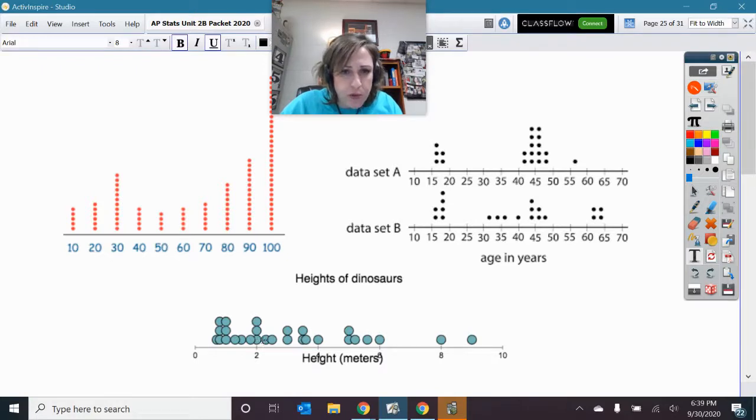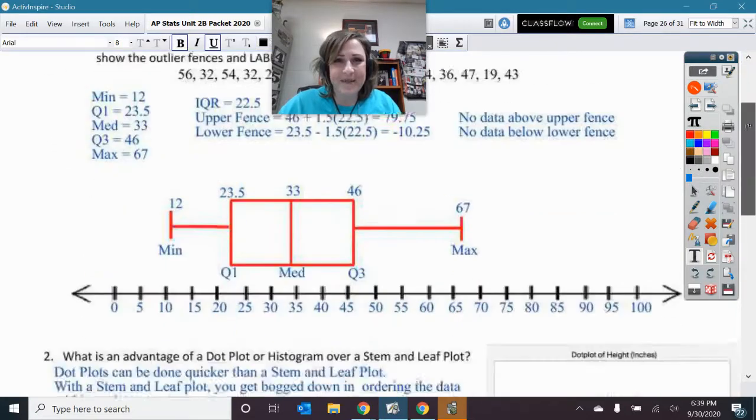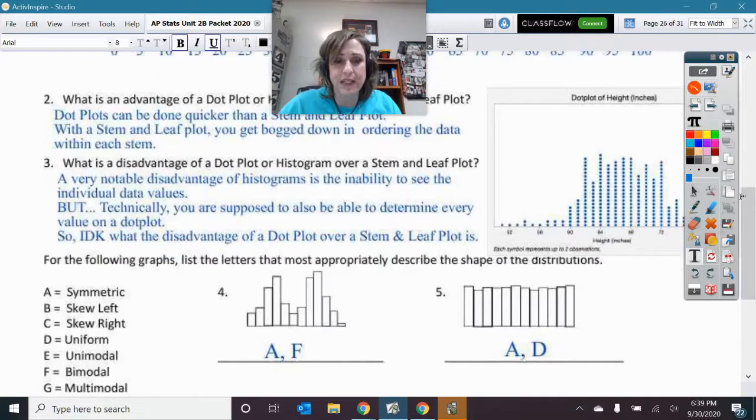Is this 2.2, 2.4, and then here are 2.5, what? And then 3. But each piece of data, this is representing each piece of data and they're relative to their location in the chart. All right, so dot plots, you are supposed to see individual data pieces, so we're just going to leave it at that. And if you can't tell, it's a poorly drawn dot plot.